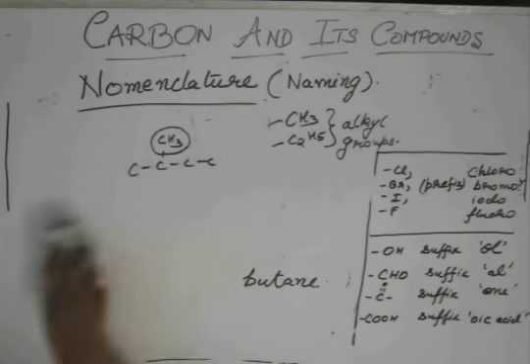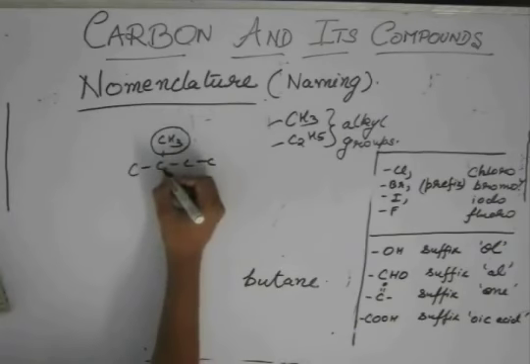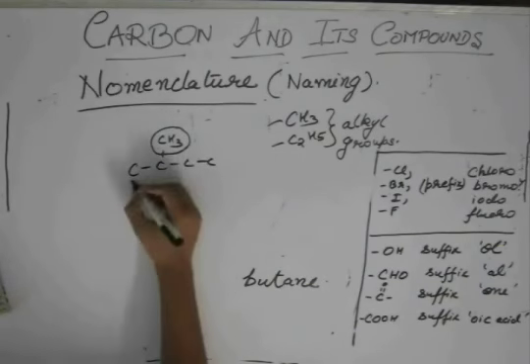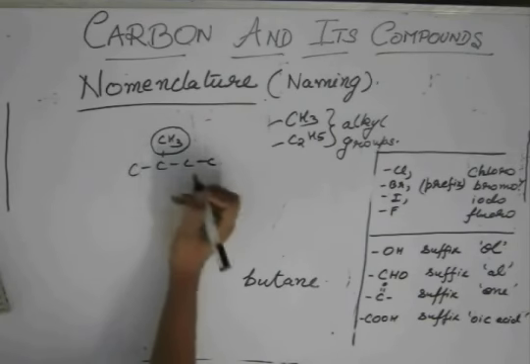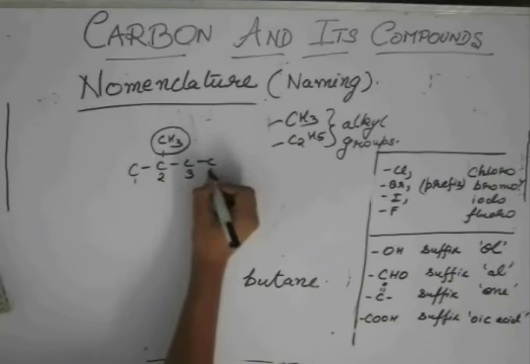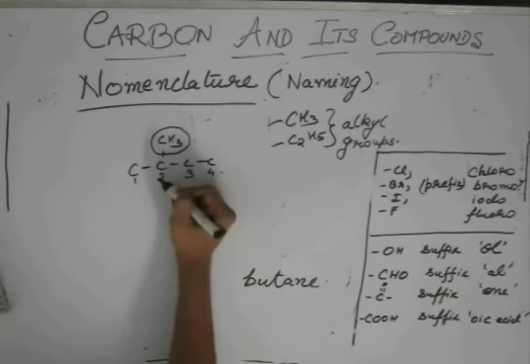So in this case, you have this methyl group sitting on this carbon, and if you start numbering this chain as 1, 2, 3, 4, you can see that this is a branch emerging out of carbon number 2.